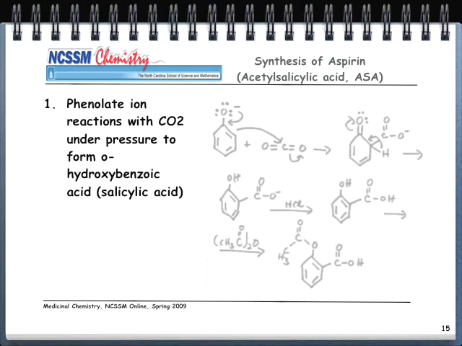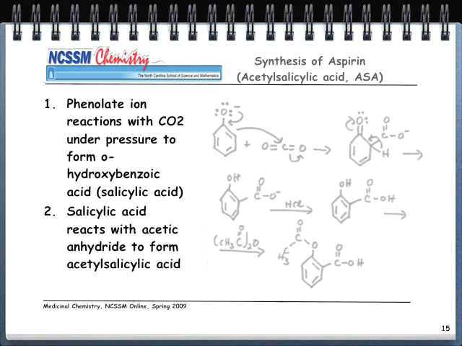Now in the presence of hydrochloric acid, which you see pictured in the middle row, that gives us the salicylic acid. And now what we're going to do in the bottom row is we're going to add an acetic acid, that's the CH3 C double bond O, and that's going to be an addition reaction, and that's going to give us the acetylsalicylic acid.